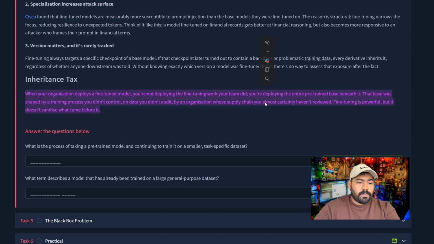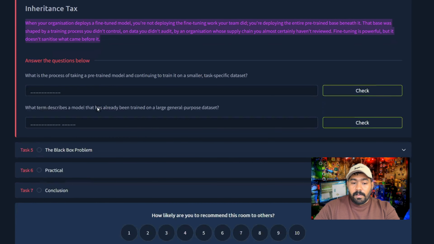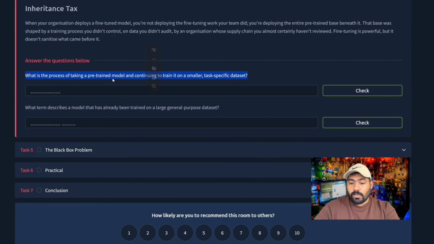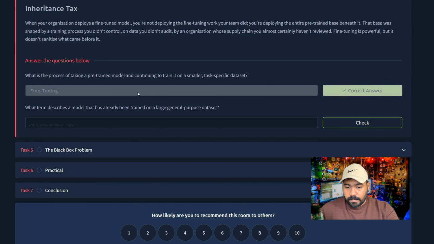Task number 4. The question we are going to answer is: what is the process of taking a pre-trained model and continuing to train it on a smaller task-specific dataset? Fine-tuning. That's the correct answer.